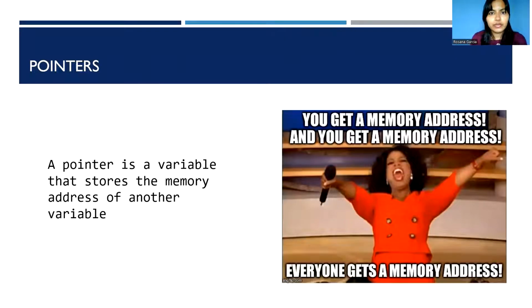What is a linked list? To understand this, we first need to understand what pointers and nodes are. A pointer is a variable that stores the memory address of another variable or value. When you store data in the memory of the computer, you really don't know where it's located.